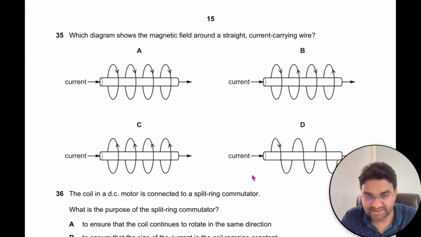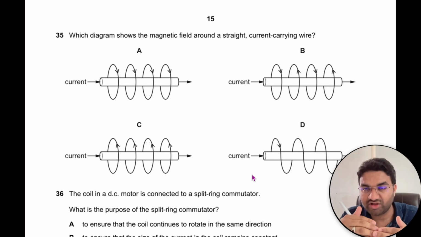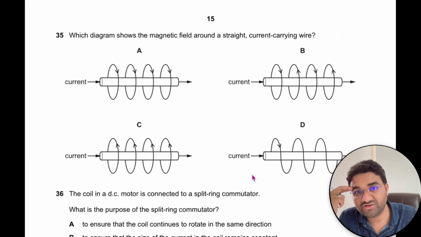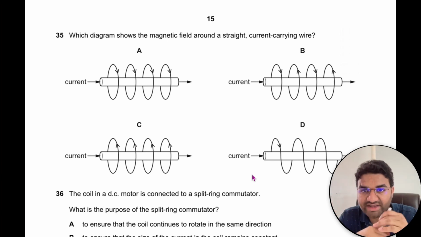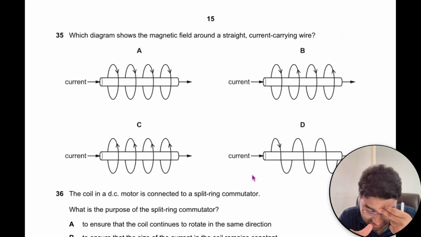Then next, the 35th one: which diagram shows the magnetic field around a straight line current carrying wire? Here concentric circles around the wires are given. Which is the correct shape we have to represent? So this is the right hand rule we have to apply, isn't it?